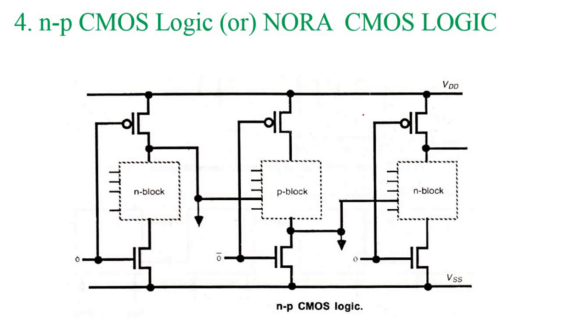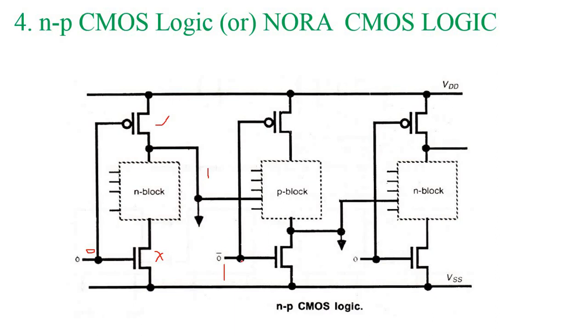Coming to the operating principle of NORA CMOS logic: if we apply the phase value equal to 0, then phi bar is automatically 1. With 0, the transistor is in the off state, so the output is VDD, that is 1.